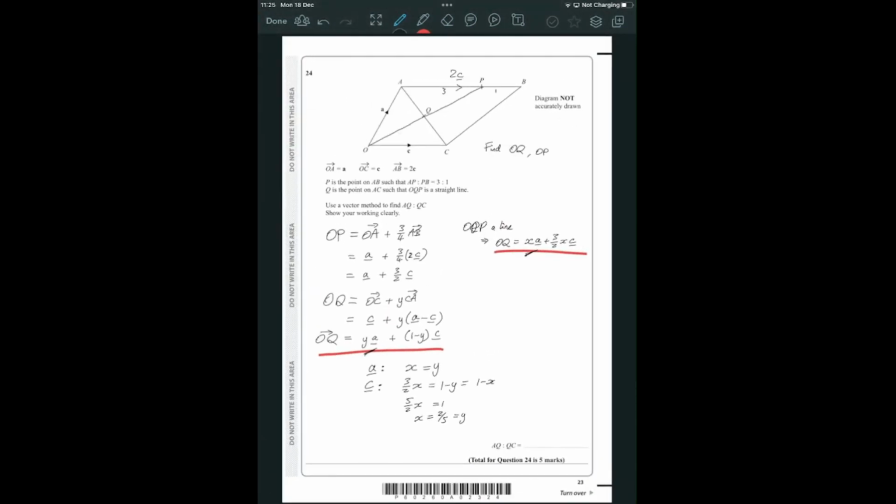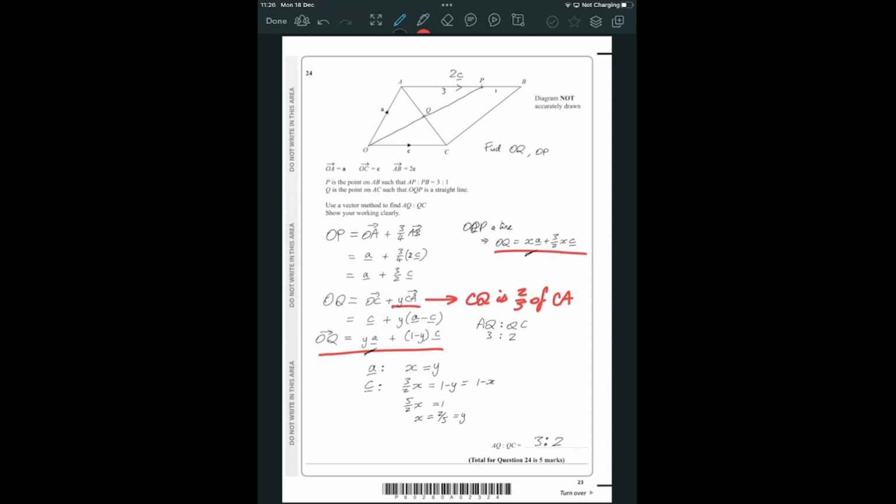So what has that said? By looking back to this section here, CQ is 2/5 of CA. Well, we wanted the ratio AQ to QC. The CQ part is 2, there are 5 parts in total, so it's 3 to 2.